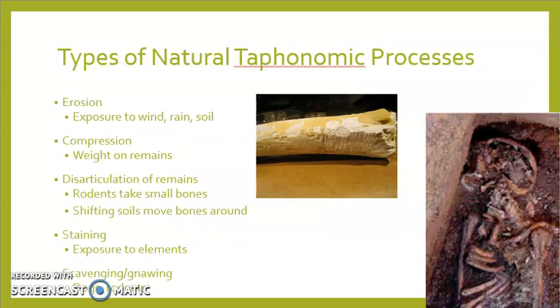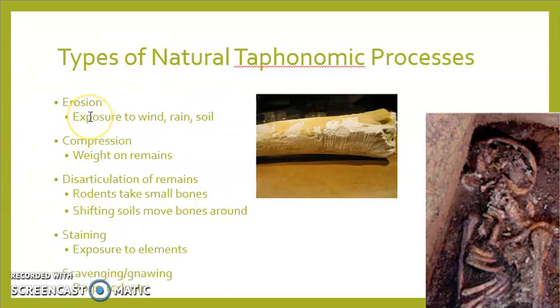So we actually will talk about taphonomy twice during the semester. We talk about it now at the start of the death of this individual, and we'll talk about it again at the end in a little bit more detail when, I don't know, this class sort of works in a circle. So we start and end with taphonomy, really. So erosion, right?